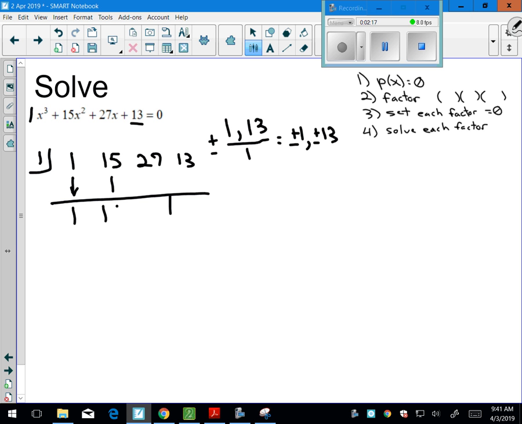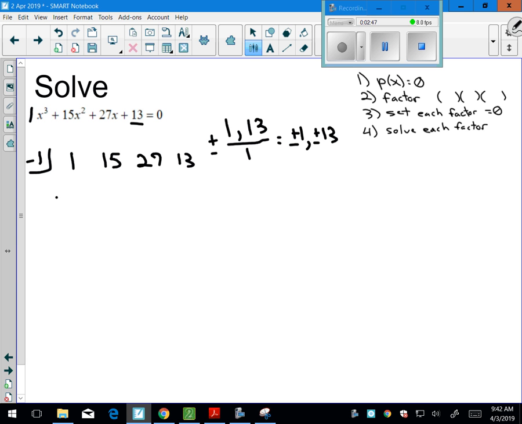Add 15, I have 16, times 1 is 16. Plus 27 is 43, times 1 is 43, plus 13 is 56, which is not 0. So a positive 1 is not one of our roots.